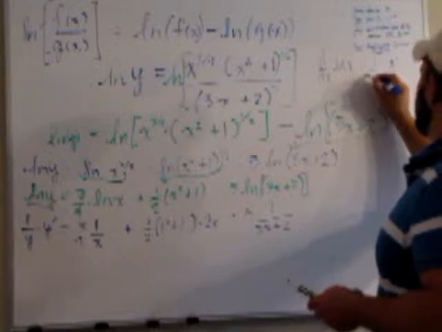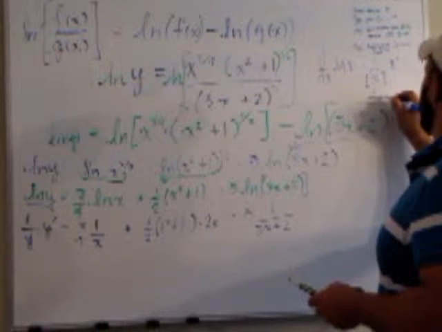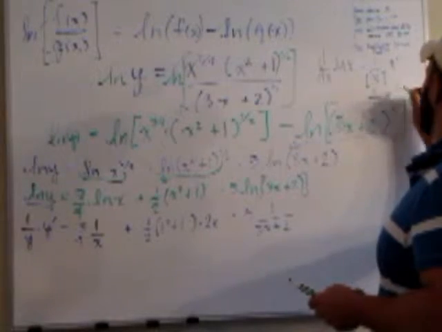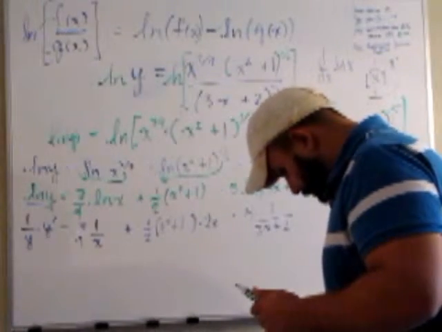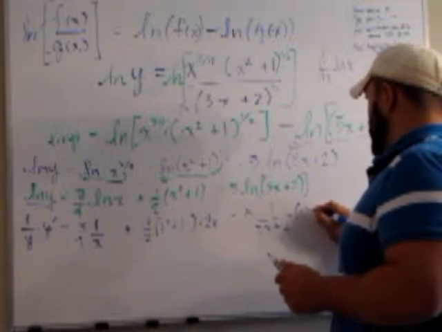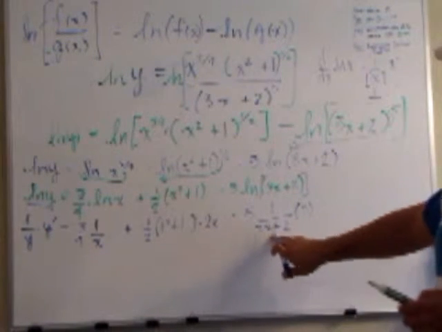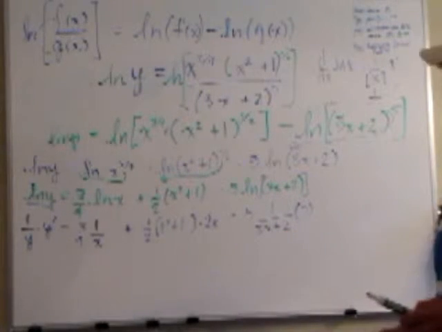But whenever this x is an actual function, it's going to be times whatever the function is prime. So in this case, the function is 3x plus 2. The derivative of the function is 3, because the constant is 0, 3x just becomes 3.